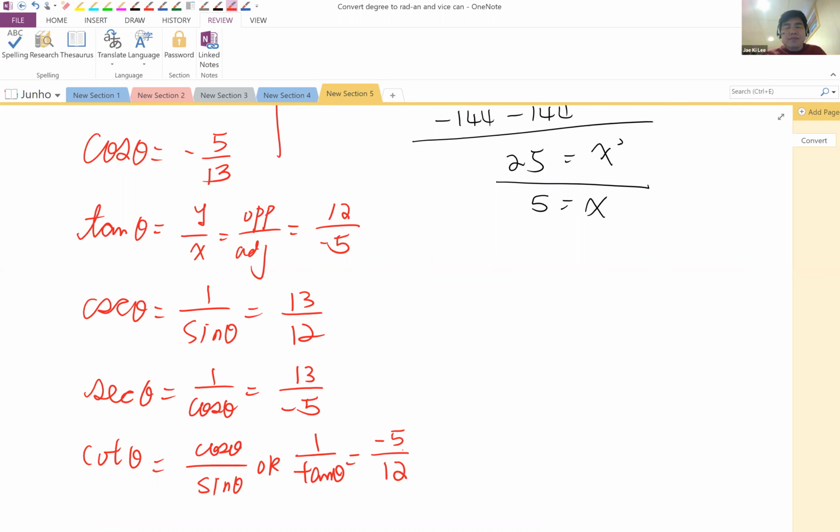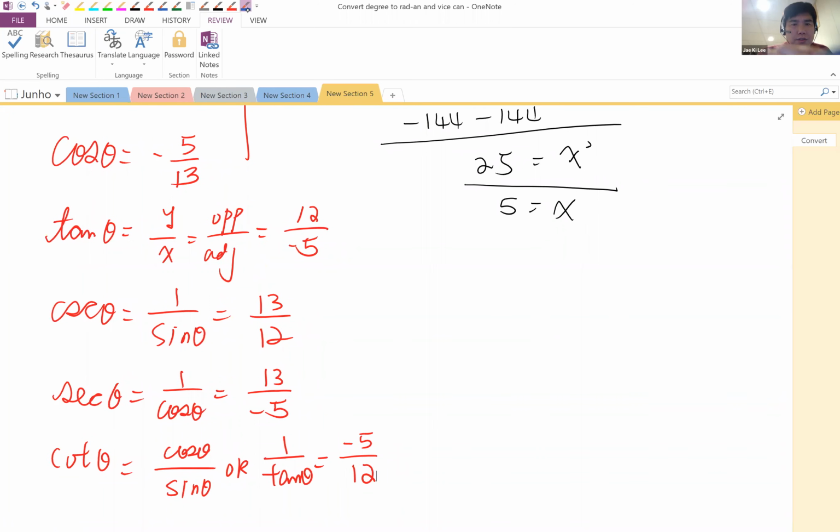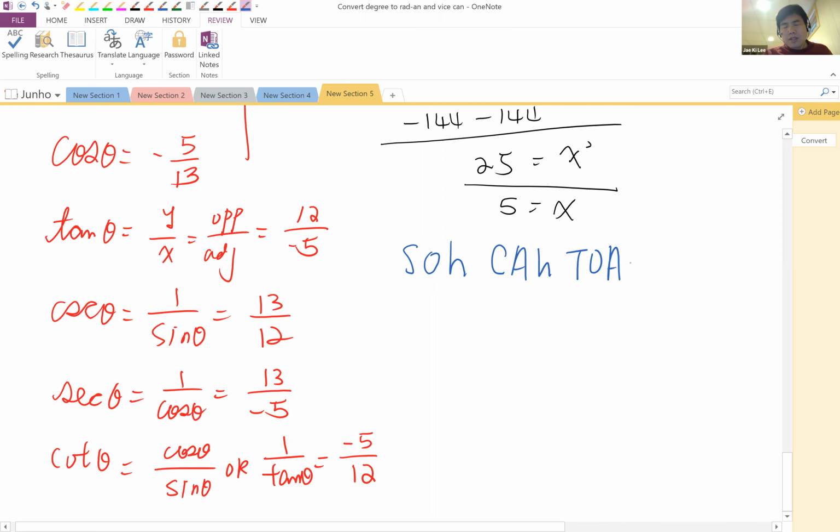Okay, so if you get confused, then you can also memorize it this way too. Do you know what this is?